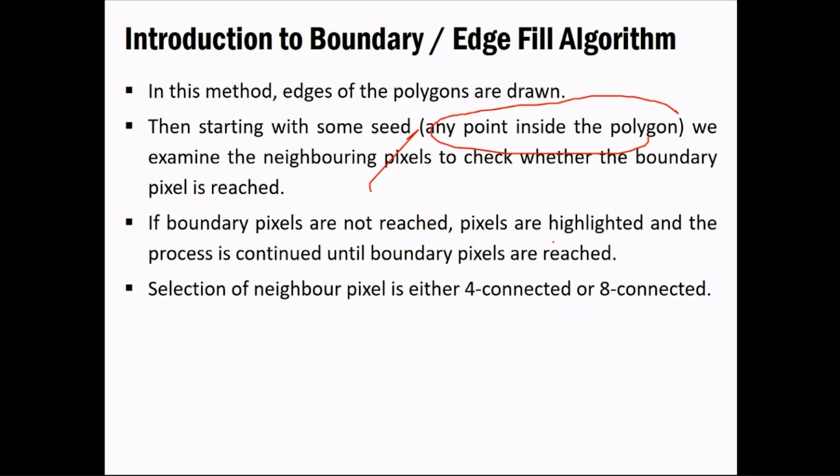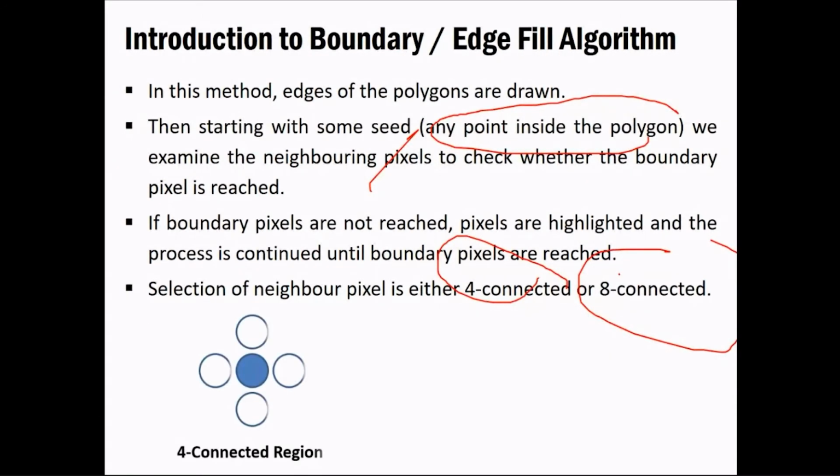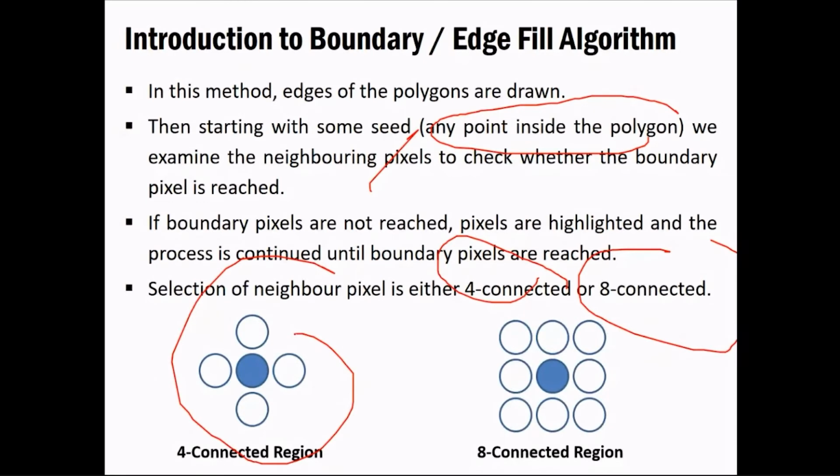Now the selection of neighbor pixels can go in two ways: the 4-connected or the 8-connected strategy. In the 4-connected strategy, we have one pixel and it checks neighboring pixels in 4 directions: left, right, top, bottom. Then we have the 8-connected region, which also checks diagonally.